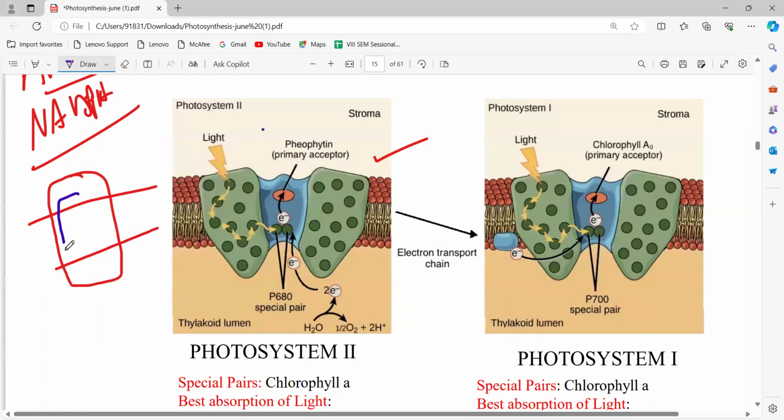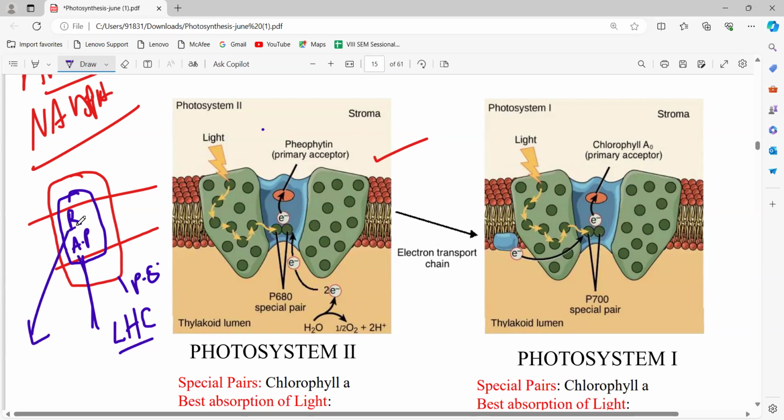Inside the photosystem, what is present? It contains LHCs, light harvesting complexes. Inside the LHCs, what are present? That is important, friends. Inside the LHCs, we have the reaction center and antenna pigments. You should always remember this point. On the thylakoid membrane, the photosystem is present and the photosystem contains LHC.